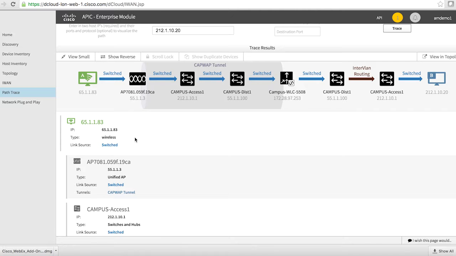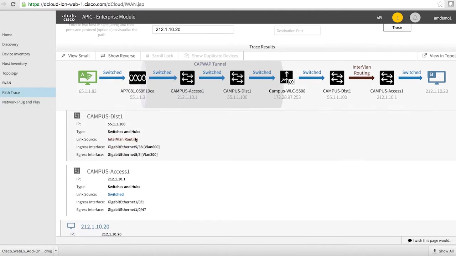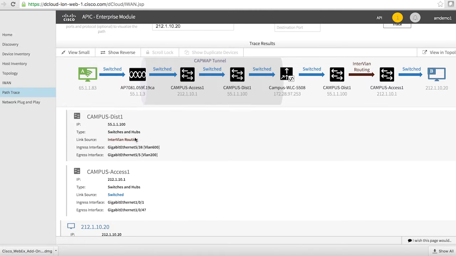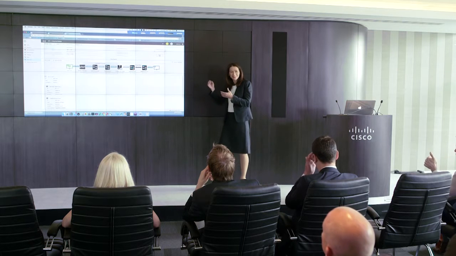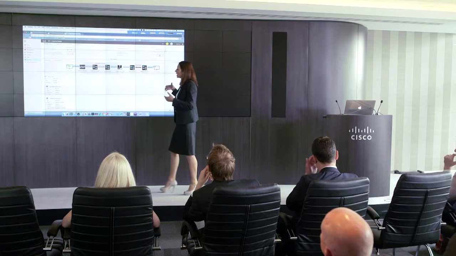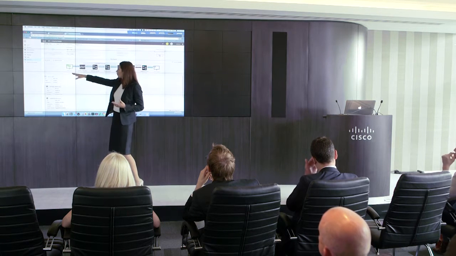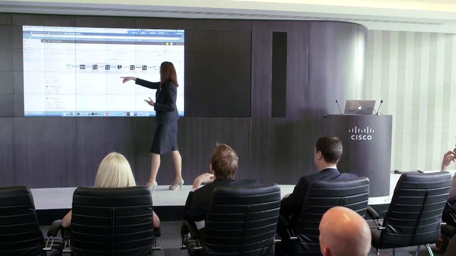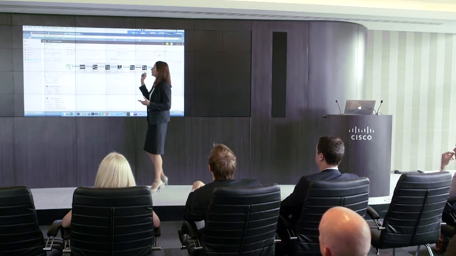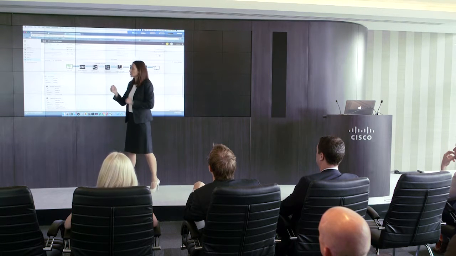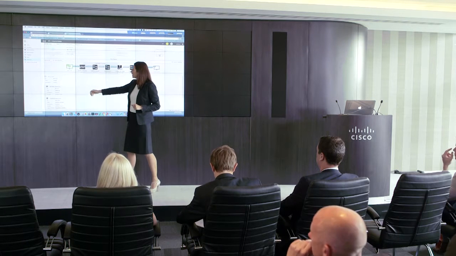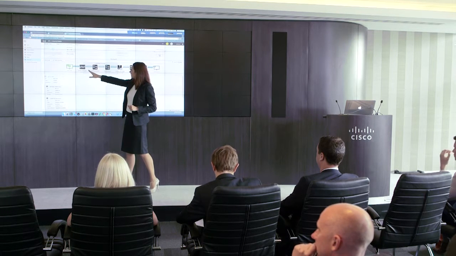And then based on that, I can see how the packet is traversing the network. I can see it goes from the wireless to the wired, so I'm sending some traffic from a mobile. It goes then to a switch.